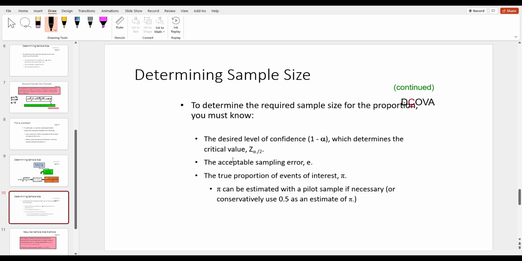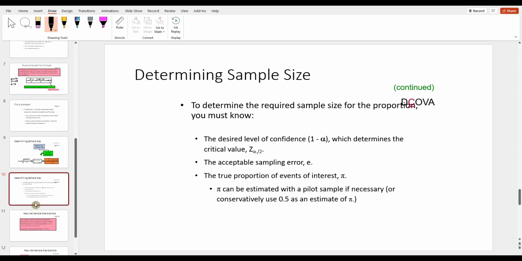So once again, to determine the sample size for the proportion, you must know the desired level of confidence, which determines the critical value, the acceptable sampling error, and the true proportion of events of interest, which is pi. Pi can be estimated with a pilot sample if necessary, or you can also use 0.5 as an estimate of pi.